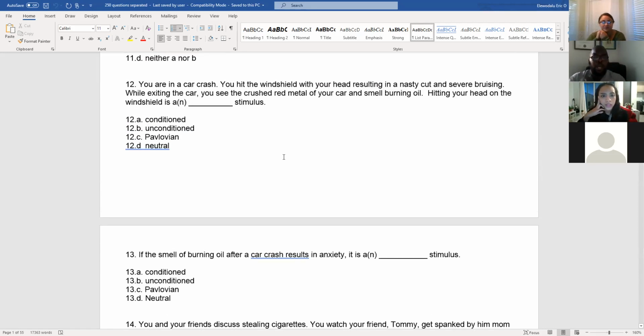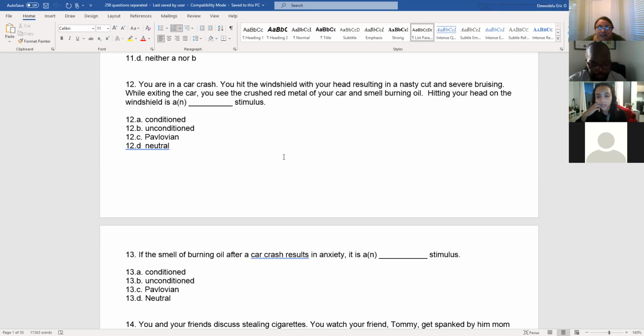You are in a car crash, you hit the windshield with your head, resulting in a nasty cut and severe bruising. While exiting the car, you see the crushed red metal of your car and smell burning oil. Hitting your head on the windshield is an... This doesn't make sense to me. Hitting your head is a behavior. How would it be a stimulus? Unconditioned.